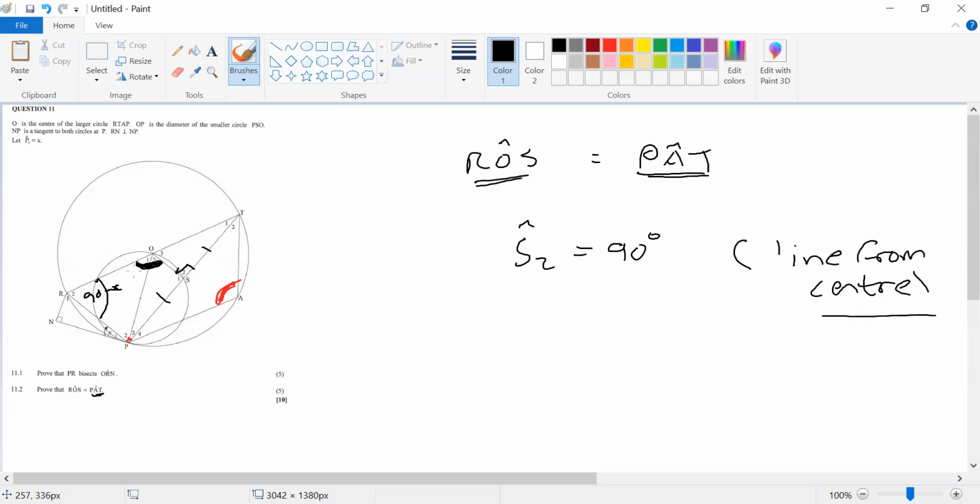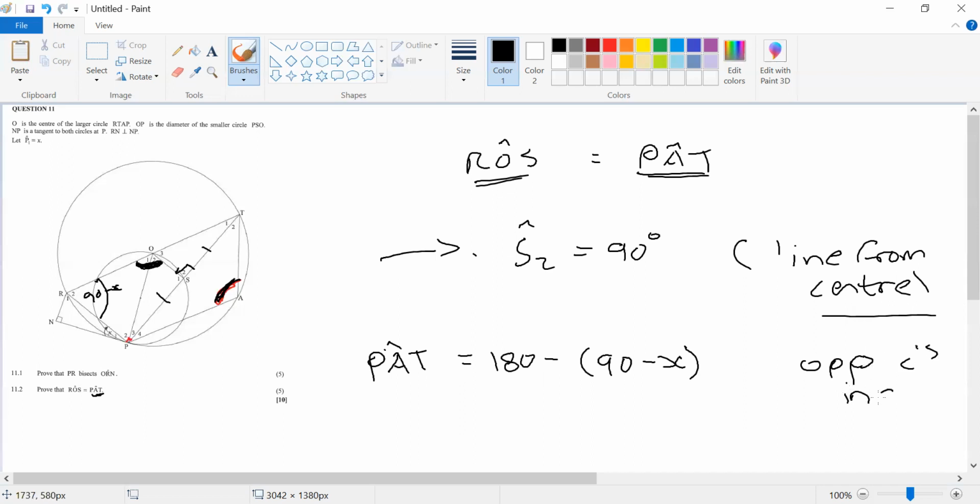All right. So we know that bit of information. And let's see if we are able to calculate anything at all. So in this diagram itself, before we move on to this, let's look at angle PAT, which is this angle right here. These two are actually opposite angles in a cyclic quadrilateral. So angle PAT would be equal to 180 degrees minus 90 minus X, because of opposite angles in a cyclic quad.